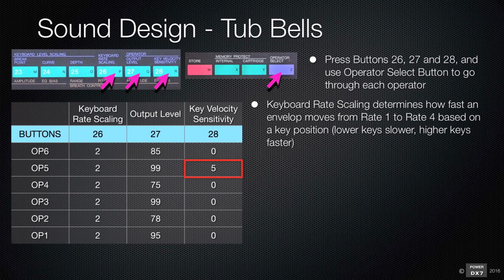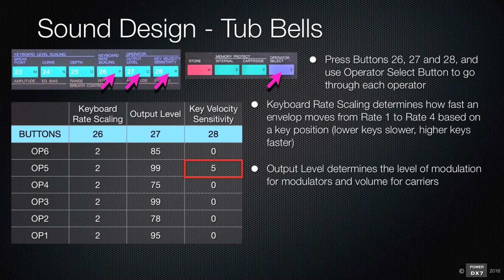It determines how fast an envelope moves from rate 1 to rate 4 based on key position. So when you press lower keys, an envelope moves slower, and when you press higher keys, an envelope moves faster. The table shows all 6 operators are set at 2. The maximum is 7, so there is a bit of speed up at higher notes.